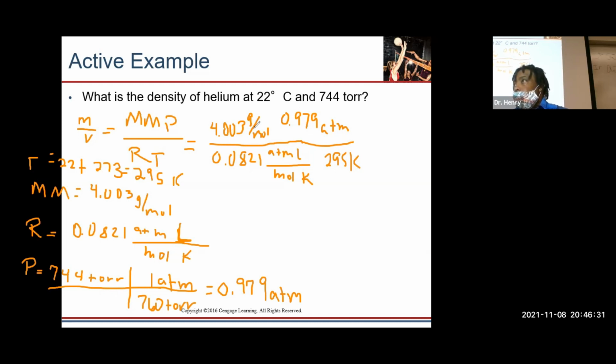Unit-wise, moles are going to cancel out, atm is going to cancel out, Kelvin is going to cancel out, and we're going to be left with grams per liter.